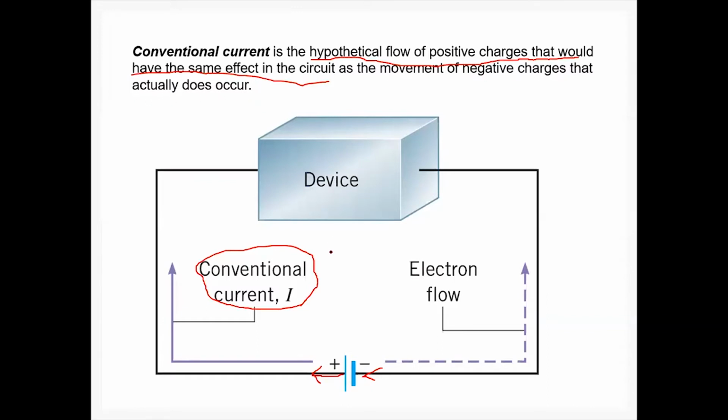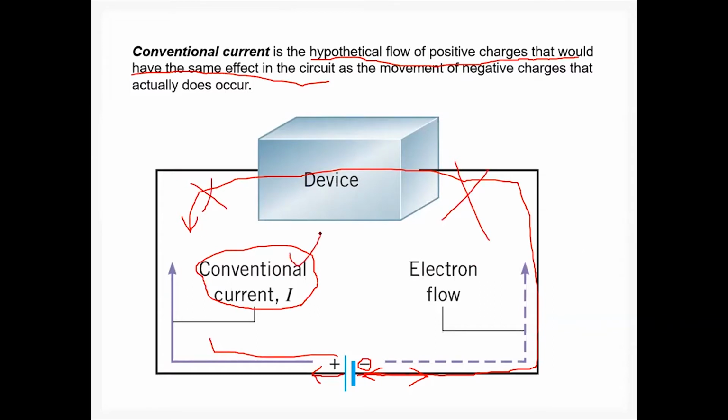So what happens in the device is actually negative electrons flow out from the negative terminal, like this way. But what we say is the current flows from plus here. That's what you say all the time. You never talk about this flow. We only talk about conventional flow.